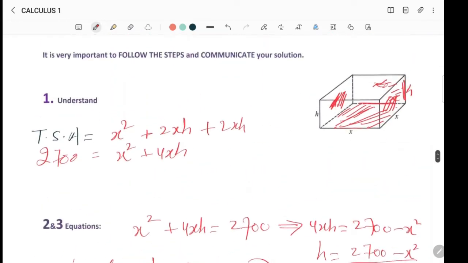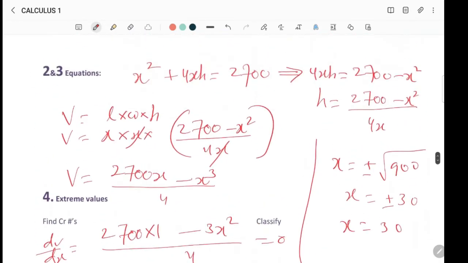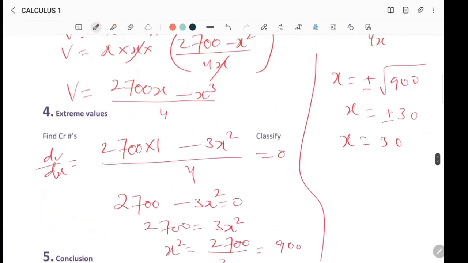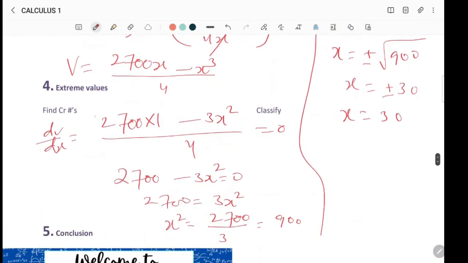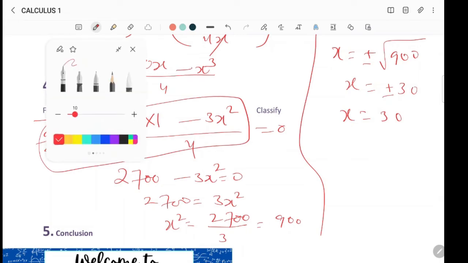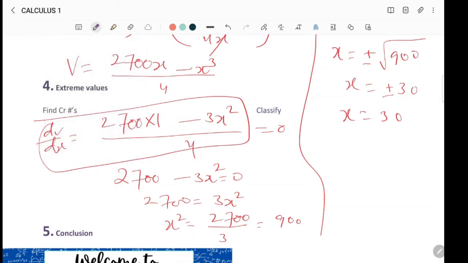Now again we have to verify whether we will get positive or negative, so you have to differentiate it again. This is a simple one, so I'll show what to do here. 2700 differentiation is 0, and minus 6x over 4. Now put x is 30 in this.